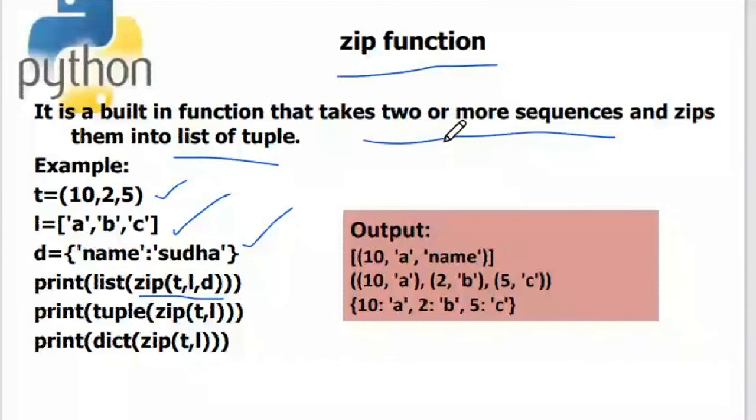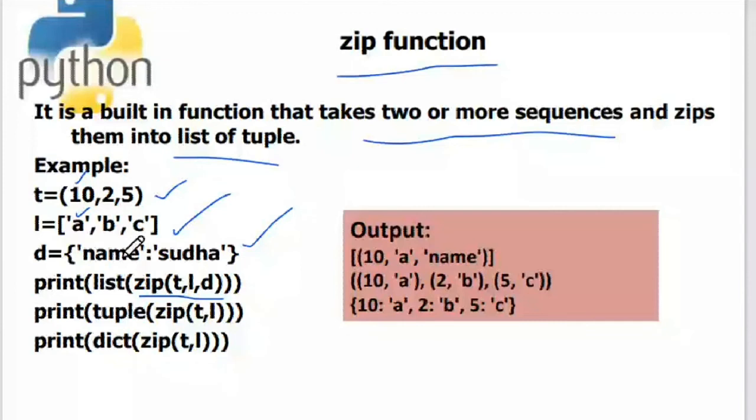Now it will zip it together and generate a tuple. How it zips is, it takes the first elements of all three things. The first elements are 10 from the tuple, A from the list, and name from the dictionary. So it takes the key over here. Since I have only one pair here, I just got one result.